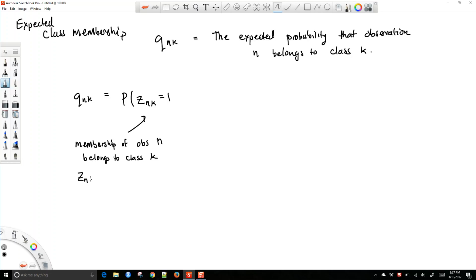So z_n1 is equal to 1 if k equals 1 for n, or z_n2 equals 1 if n belongs to class 2.